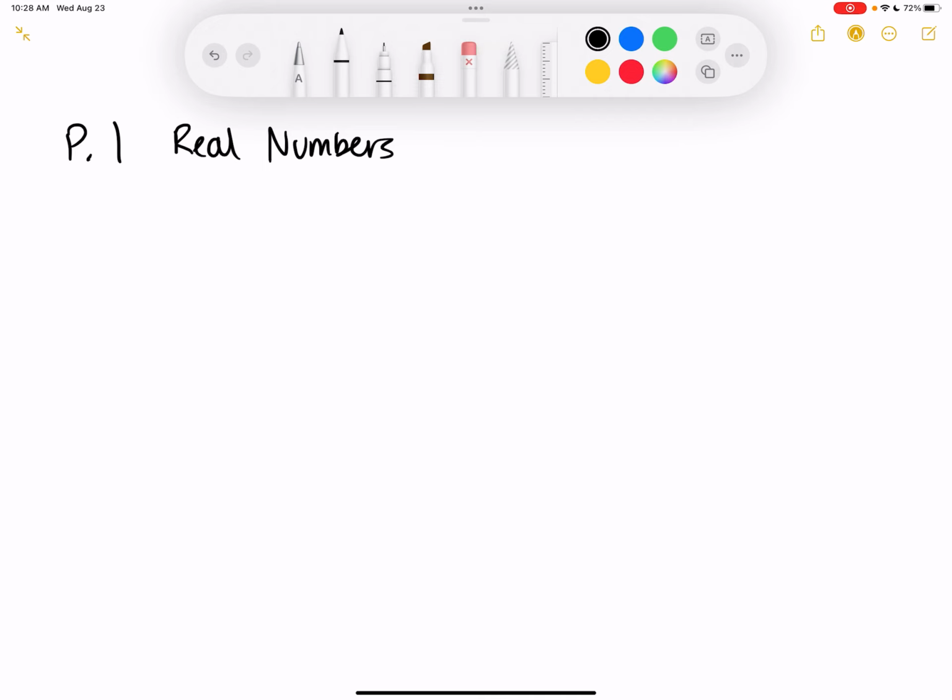Exactly. Okay, describe and graph the interval of real numbers. We have the closed interval from -3 to 3. So, what is this going to look like?